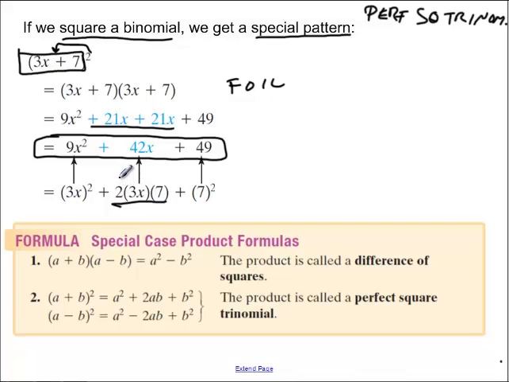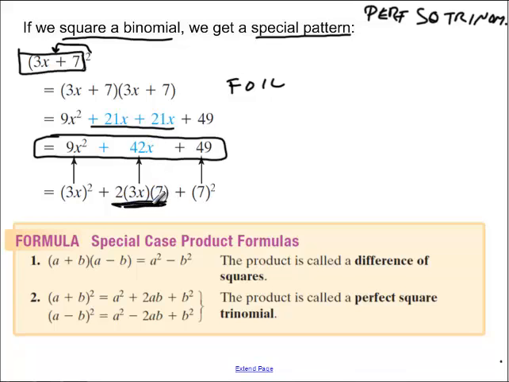It's 2 times the first term times the second term. Here's our first term in the binomial that we're squaring, and here's our second term. So first term times second term times 2 is this one here. 2 times 3 is 6, times 7 is 42, so 42x. So there is the important thing there.